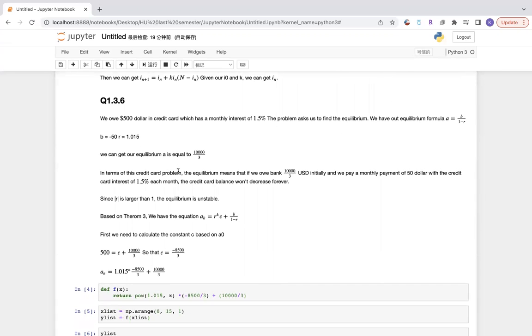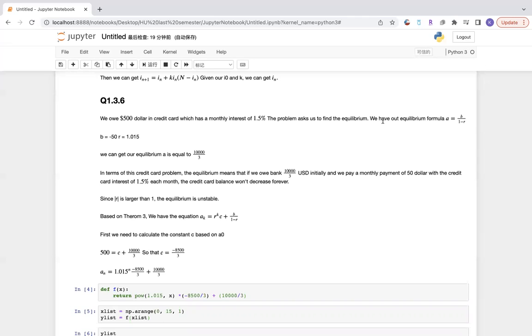The third problem is 1.3.6. It shows that we owe $500 to the credit card bank, and the monthly interest is 1.5%. The problem asks us to find the equilibrium.